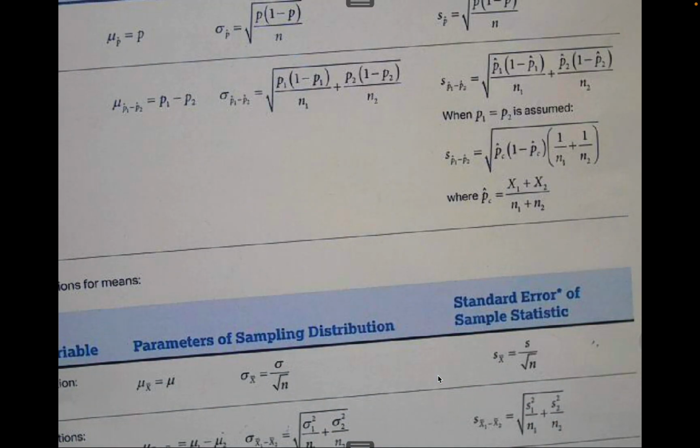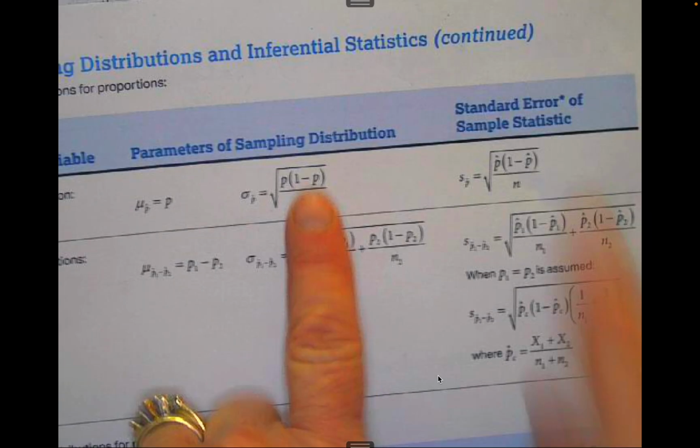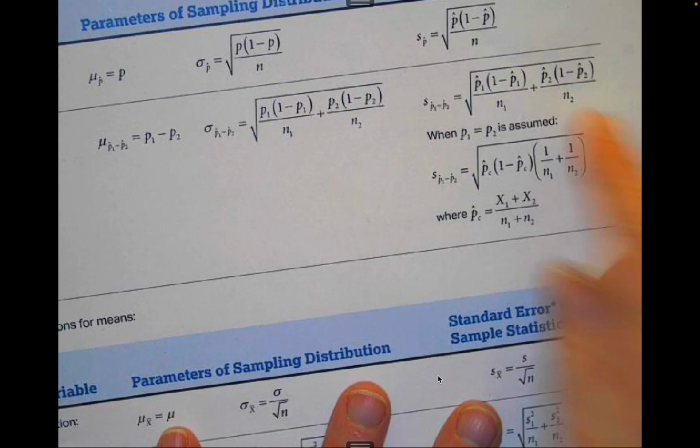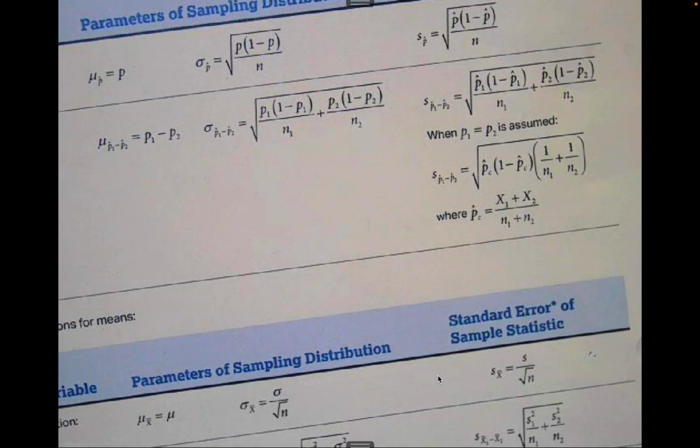But just like before, when we're trying to create a confidence interval for a difference in proportions, we have a problem. We don't have the p's, so we substitute them with the p hats. Then we call that the standard error. It's the same idea as what we did before. For the one sample stuff, we plugged in the p hat. We're doing the same thing here, plugging in the p hats. So we call it the standard error.